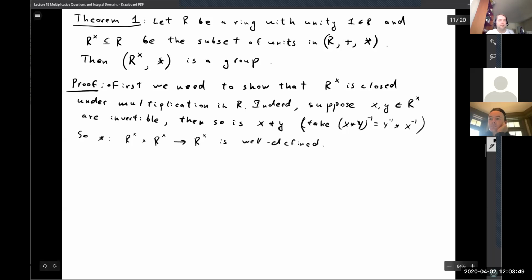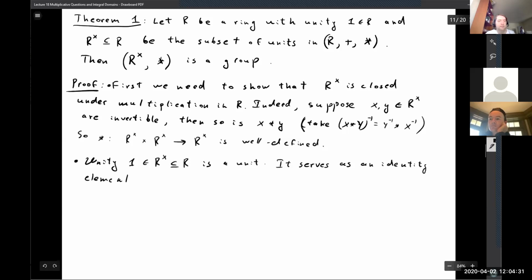Okay, so that's the first part. Now the second part is that the unity 1 of the ring is a unit, and it serves as an identity element of the group R cross with the binary operation star.